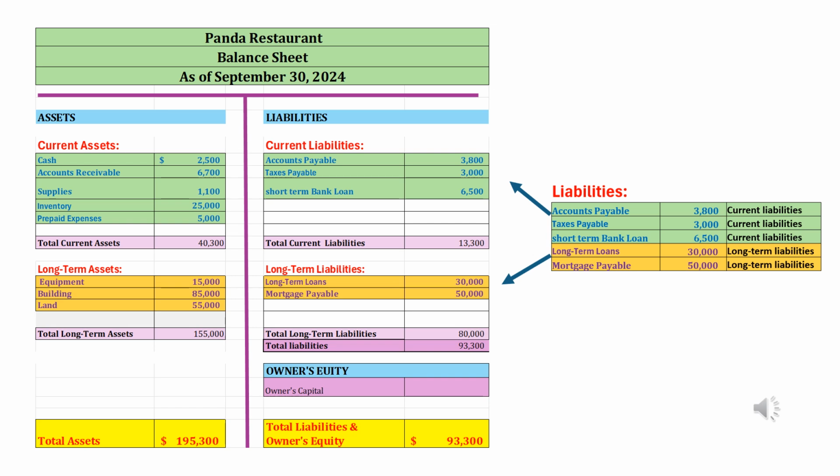Liabilities section. We begin with short-term liabilities, applying the same formatting rules, dollar sign on the first line. Next, we include long-term liabilities, calculate their total, and sum them with short-term liabilities to determine total liabilities.